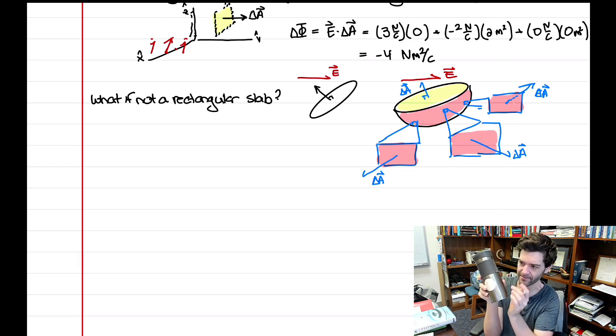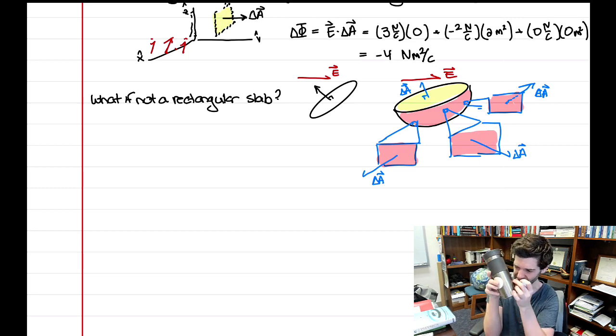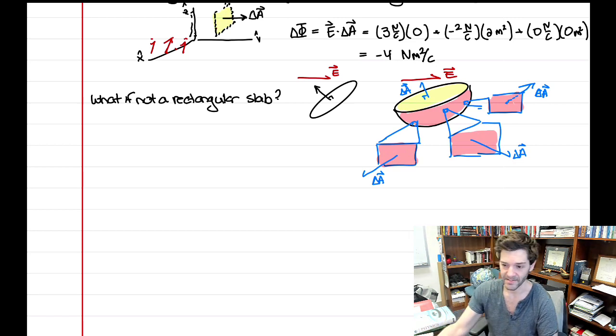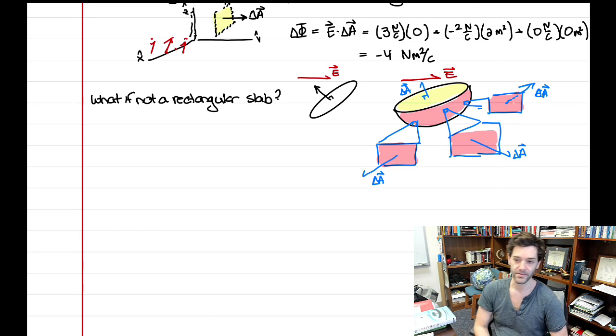If I zoom in enough, it becomes flat enough that I can see it as a tiny little rectangle. Then I will calculate the flux through that little rectangle. Then I'll calculate the flux through the tiny rectangle right above it and below it and to the left. And then you can imagine adding up all of those tiny fluxes through those tiny little pieces. And then that becomes your net flux.